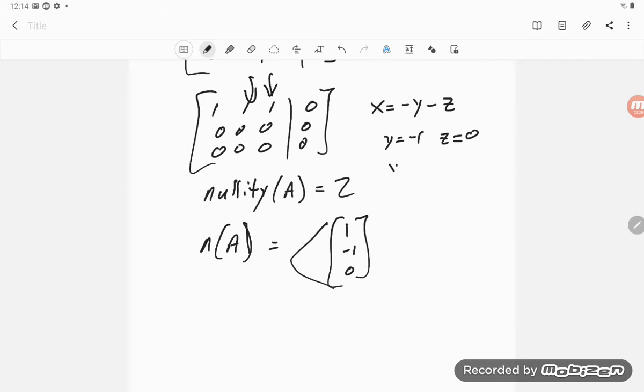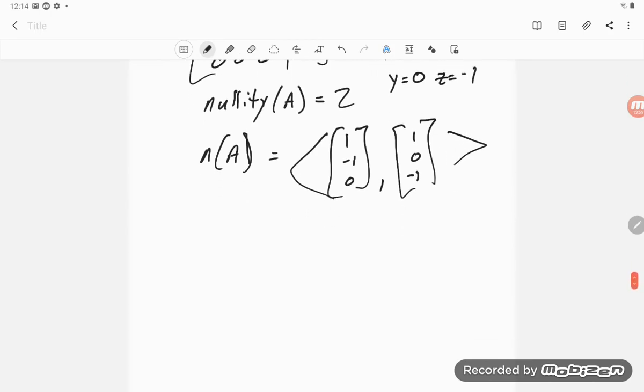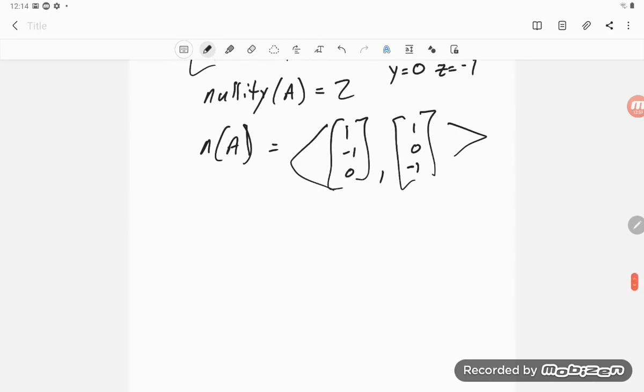But if I let y equal 0 and z equal -1, then that gives me the vector 1, 0, -1, sorry. And those are, hopefully by now we can see, obviously independent. And so, there we go. There are my 2 vectors.